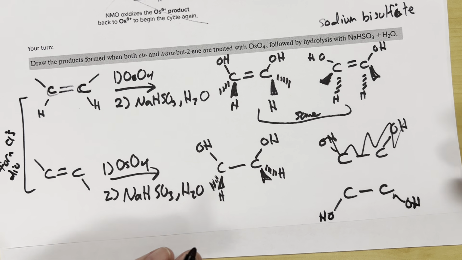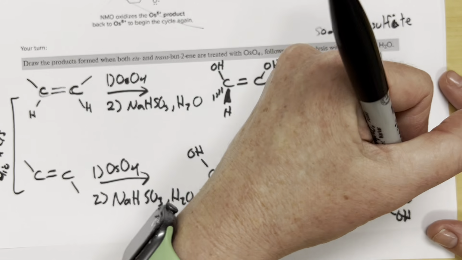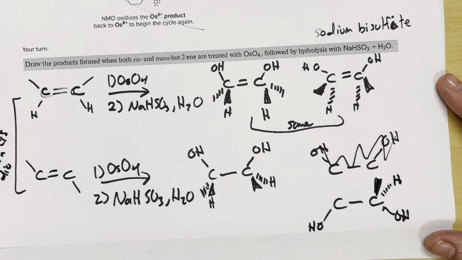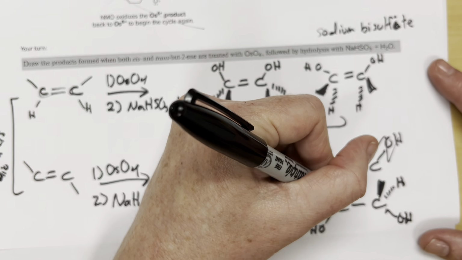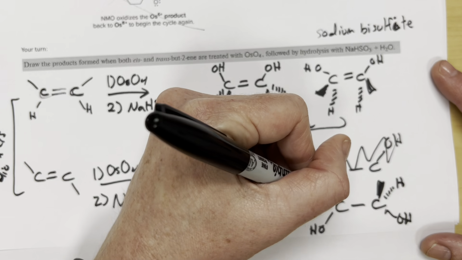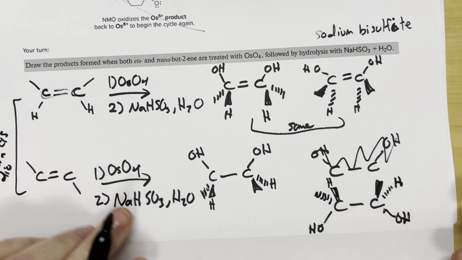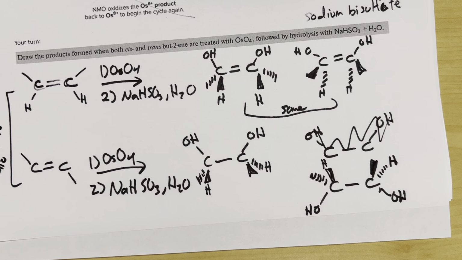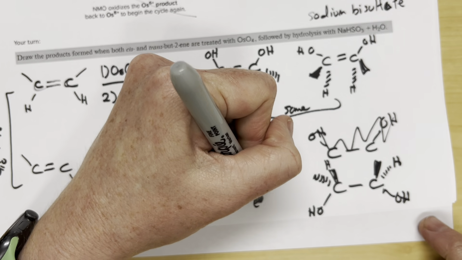You can keep the H on the wedge or the dash and the methyl group on the wedge, and over here you're going to want the hydrogen on the wedge like it was and the methyl group there, but because it's flipped up, it gives you a different configuration. You can figure out R and S of these and you'll find that they flipped, and these would be enantiomers.